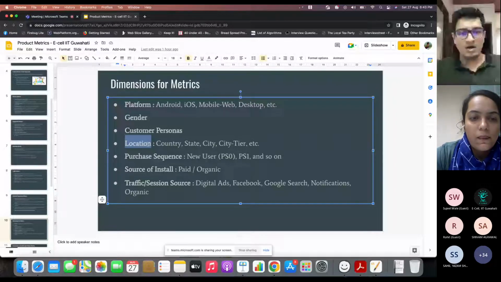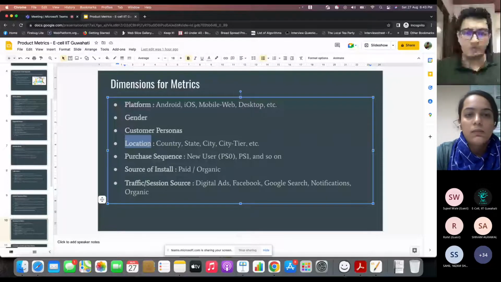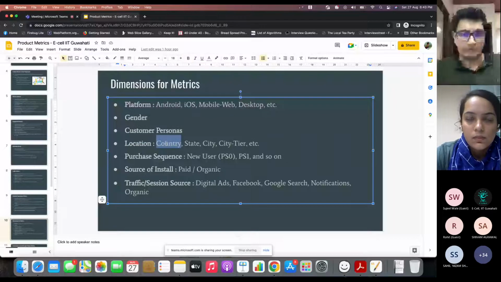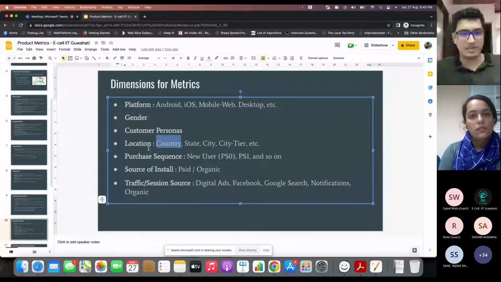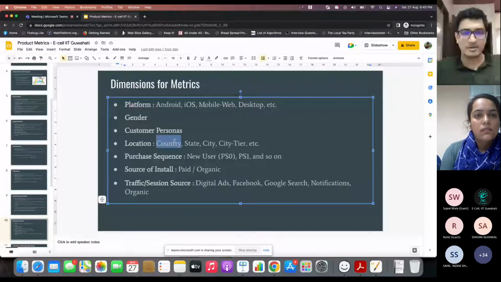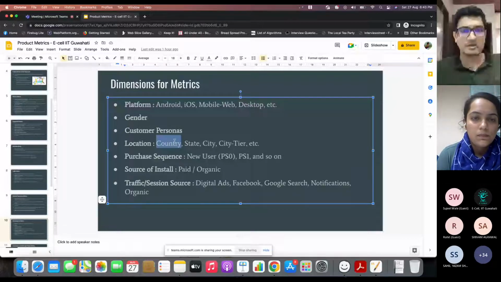For example, for WhatsApp or TikTok as a product, you will need to track it across continents at a country level: how is my MAU in India versus, let's say, in the United States, or how is my user growth in India versus United States. So you look at location as a dimension as well.